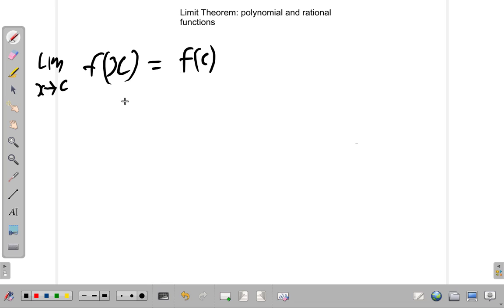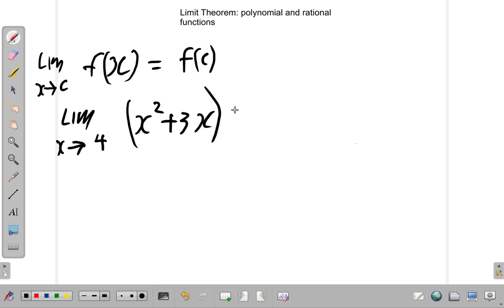What that means, for example, if you have a function x squared plus 3x and you want to find the limit of that function as x approaches, say, 4, it is equal to f of 4.